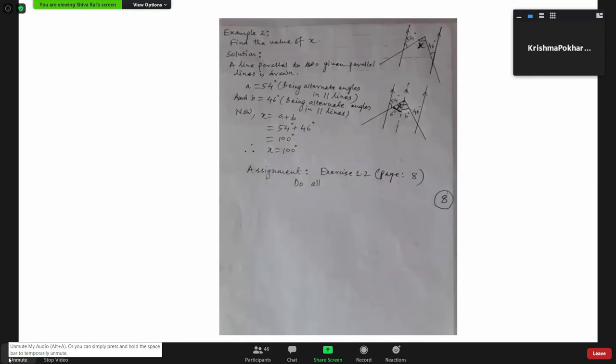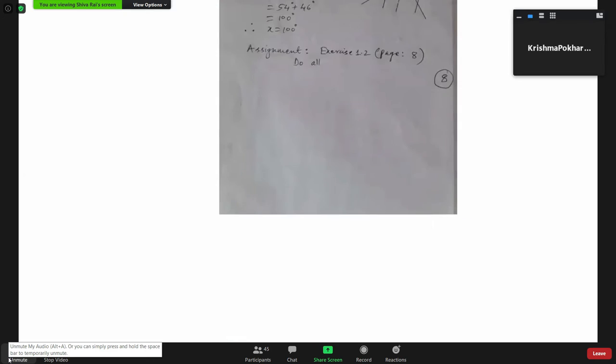Now, instead of writing parallel lines, we can write like that also in exam. In being alternate angles in parallel lines, instead of the word parallel, you have drawn two lines.